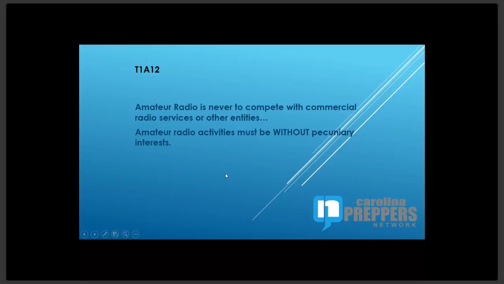So simplex is radio to radio with nothing intermediary in between assisting in that signal. A repeater, some would argue that if you had a relay it would not be simplex. But when amateur radio operators refer to simplex, they're usually talking about without the use of repeaters.